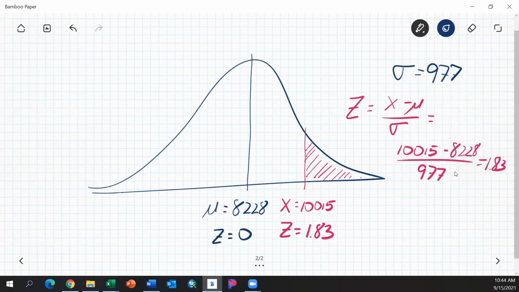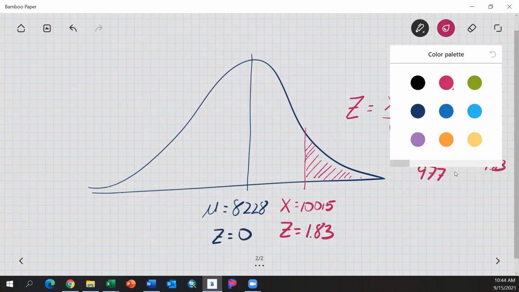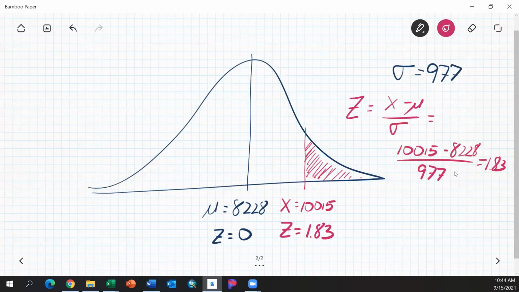The mean always has a z-score of 0 because the formula is x minus mu in the numerator, and that equals 0. Okay, now we want to find the area to the right of z equals 1.83. First, we'll look at the standard normal distribution table, and then we'll look at some formulas in Excel to solve it. Let's switch screens to see the standard normal distribution table.